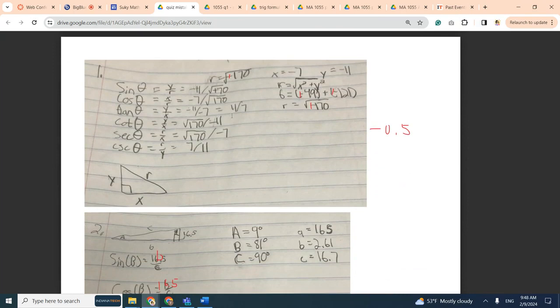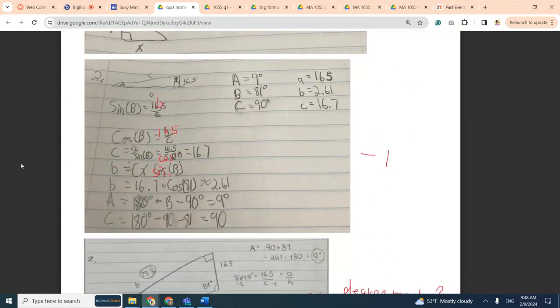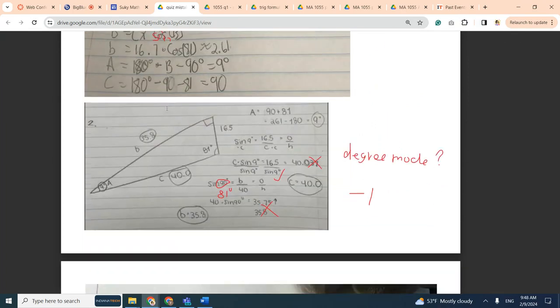A square root of a negative number is a complex number. In our course, we don't learn complex numbers. And then here, that's the B. So sine of the angle is opposite over hypotenuse. Opposite is the B. And here, this is correct, but the answer is wrong.